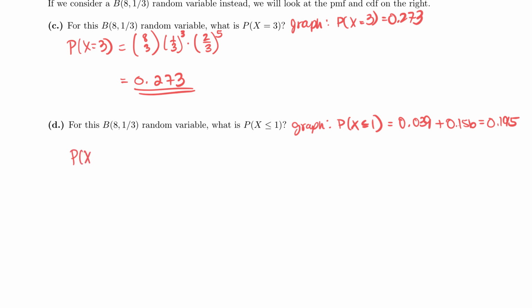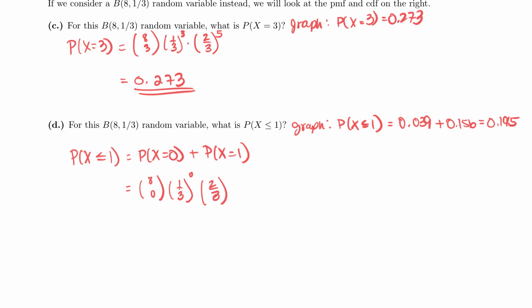And if we wanted to do this using our formula, then we're going to look at the probability that x is equal to 0 plus the probability that x is equal to 1. This is, again, where our discrete random variables make this pretty easy because we don't have anything between 0 successes and 1 success. So here we would have our 8 trials choose 0 successes times our probability of success 1/3 raised to the number of successes 0 times our probability of a failure, which has to be 1 minus 1/3, which is 2/3, raised to the number of failures.